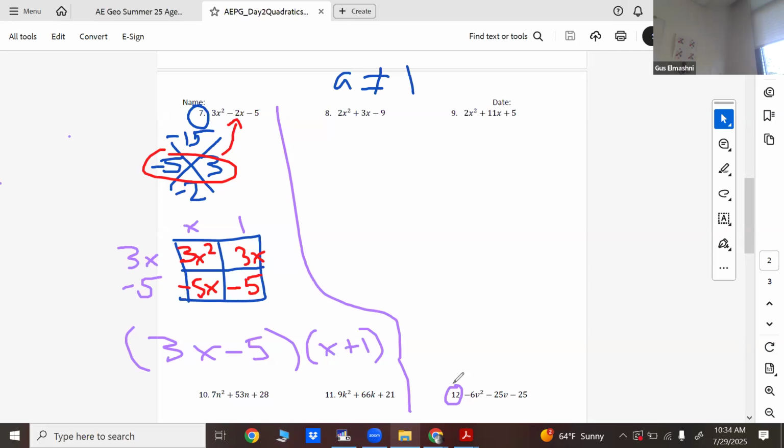Anyhow, for 12, you have a bunch of negatives. Negatives are also kind of nasty, right? I probably should take the negative out first. So let's take a negative out first. I'll put -1 on the outside.